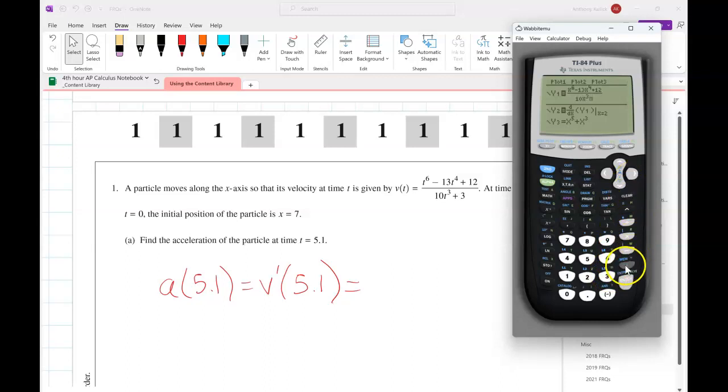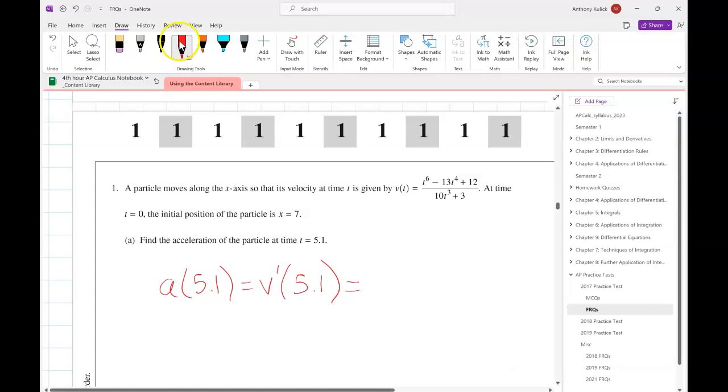Use your calculator to do all of it. Even if the derivatives are easy, let the calculator do it. So I typed it into y1, and then I do math, command 8, ddx of y1 when x equals 5.1. So 6.49, that's it.